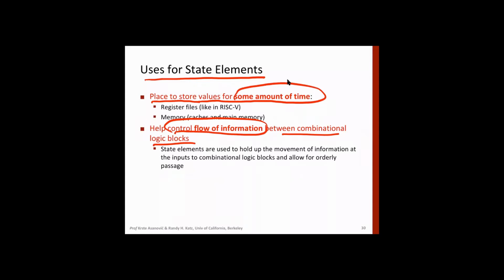Different combinational logic blocks may have different delays, and because of these delays, the output may not be well predictable. So it is very important to control the flow of information between combinational logic blocks, and hence we need to put a register or sequential logic element in between. It will allow orderly passage of information.